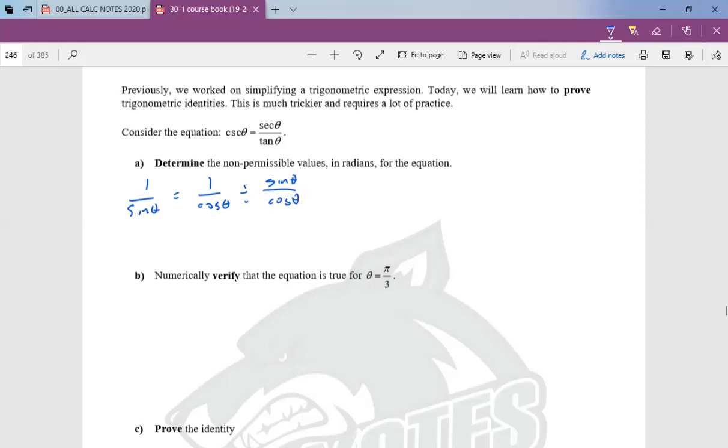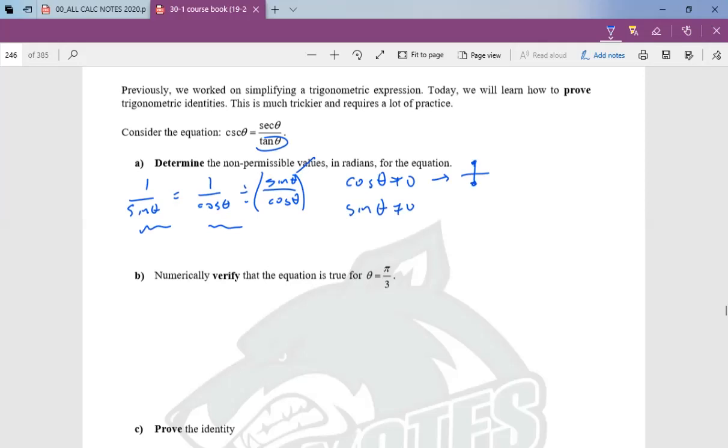Anything that spends any time in the denominator can't equal 0. Also, because we're dividing by tangent, tangent can't be 0, which would mean sine theta can't be 0. But for both of these, cos theta cannot equal 0. Sine theta cannot equal 0.